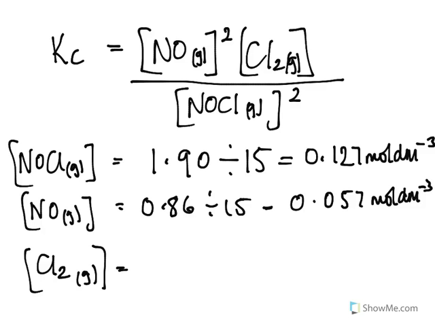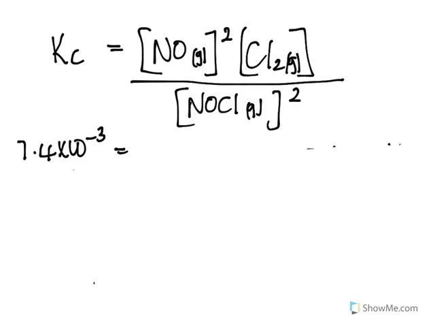And lastly, the question is asking us to work out the concentration of chlorine at equilibrium. Of course, the question also gives us Kc is 7.4 times 10 to the minus 13.